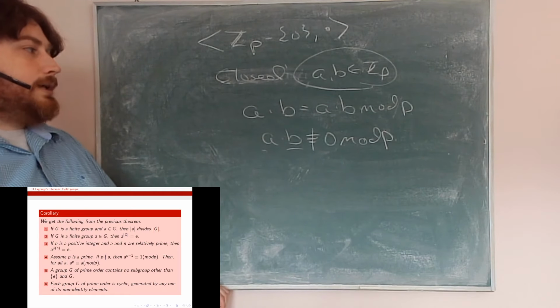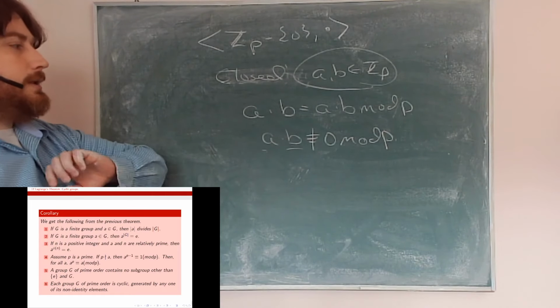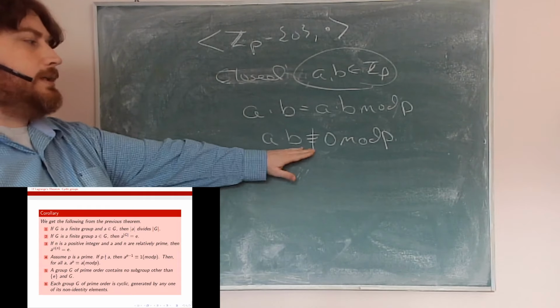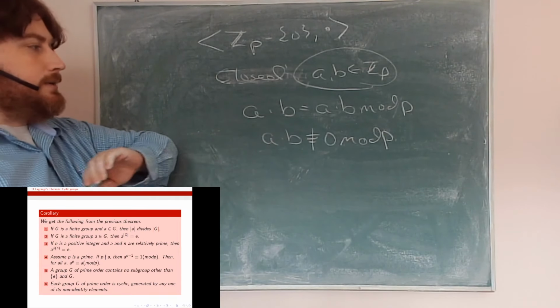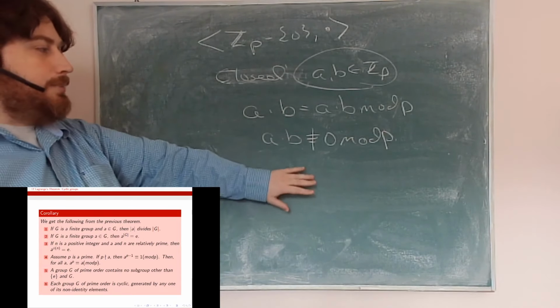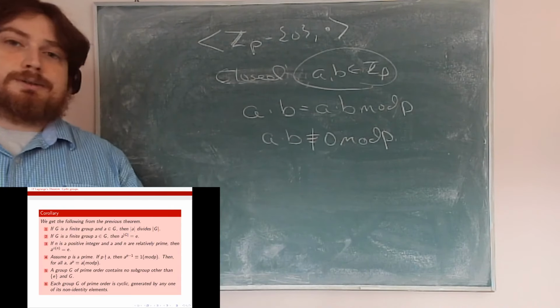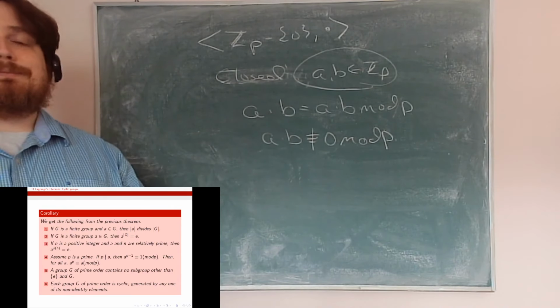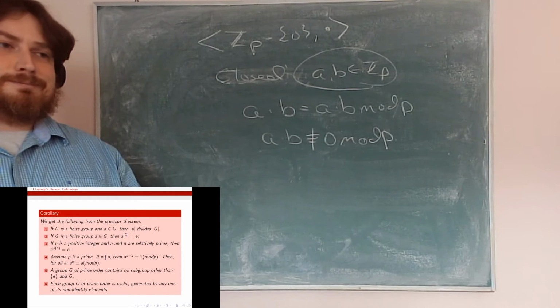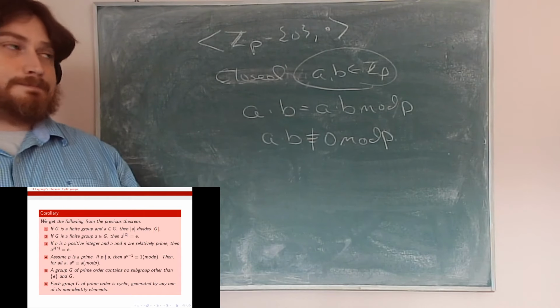So for closure, I have to show that if I multiply two integers not divisible by p, I again won't get 0. Is that okay?